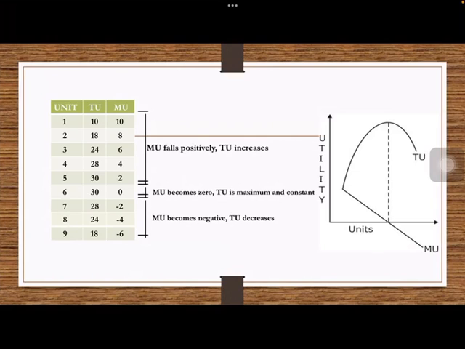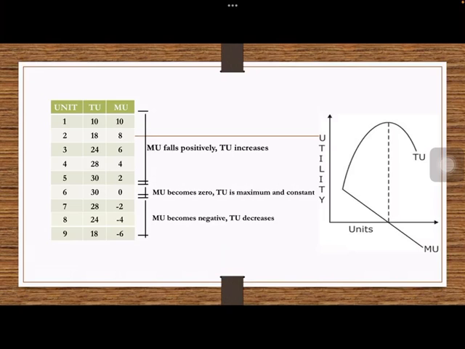From the table, you see that in the initial stage MU falls but is positive. At that time, TU increases at a declining rate. You remember this relationship between TU and MU. When MU falls but is positive, TU increases at a diminishing rate.